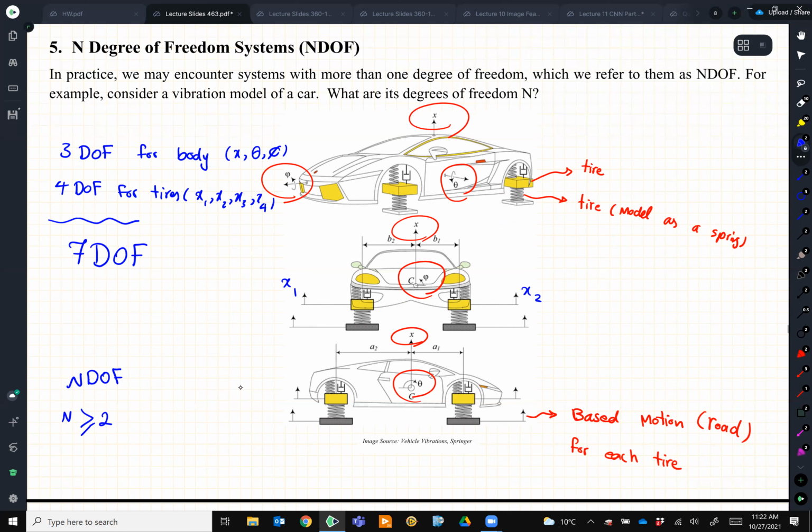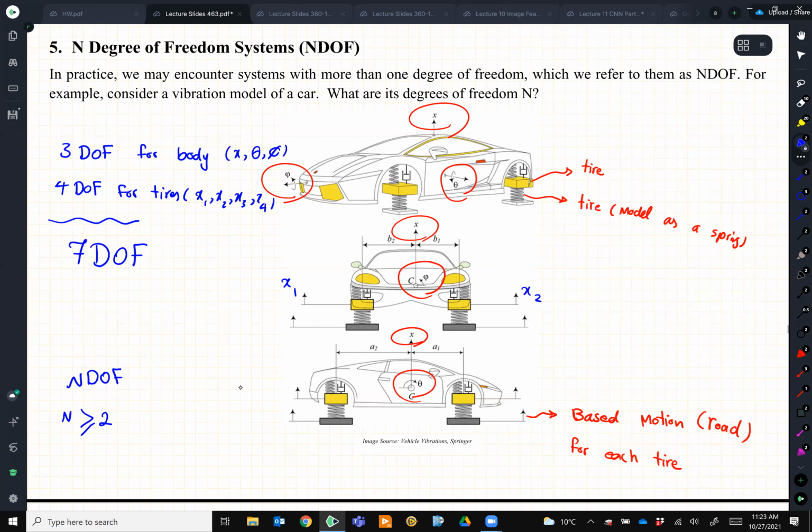N can be 2, 3, 4, 100, 1 million, doesn't matter. All the concepts, everything that we say about 2 degrees, it's correct about a 1 million degree of freedom system. But again, as I said at the beginning, we will do only 2 and 3 on the slides here, because I don't want to write a lot of equations. Okay, it takes a lot of time.